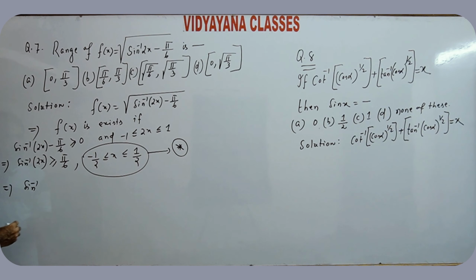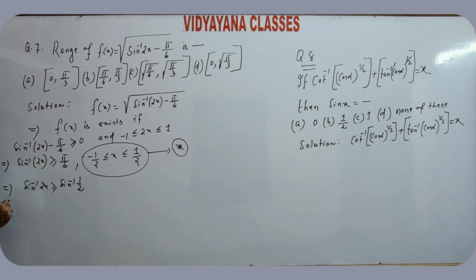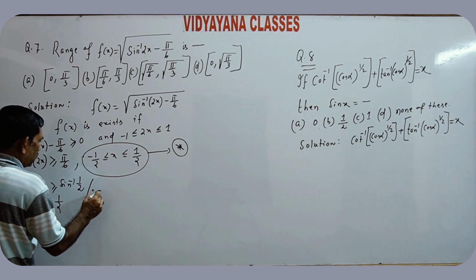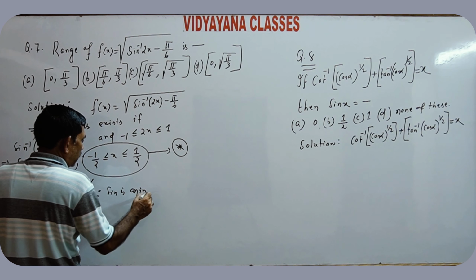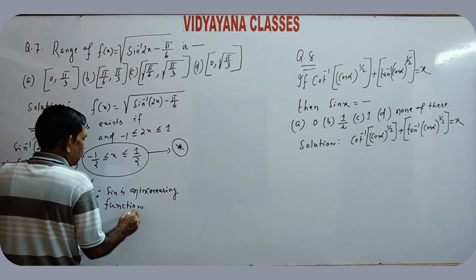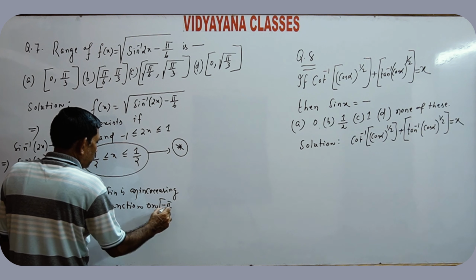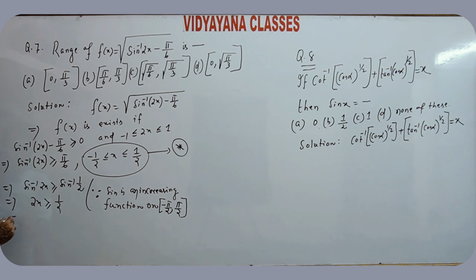Sin inverse 2x is greater than or equal to sin inverse half, which implies 2x is greater than or equal to half, since sin is an increasing function on the closed interval minus pi by 2 to pi by 2, which implies x is greater than or equal to 1 by 4. It is taken as double star.